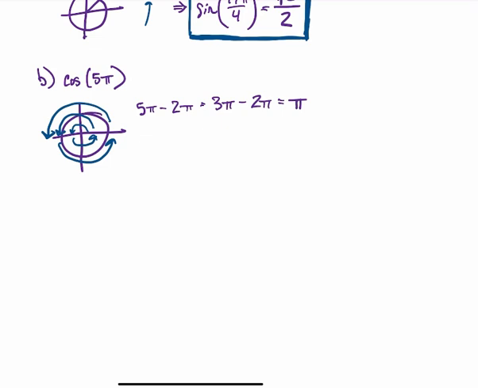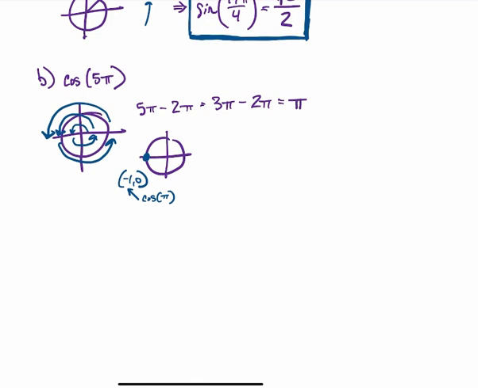So let's use this fact. Okay, the angle pi is over here. It's one of our quadrantal angles. It's on the edge. So I know I'm on a circle of radius 1, so this would be the coordinate point -1, 0. And I want the cosine, so I know the cosine is the x-coordinate. This would be the cosine of pi.